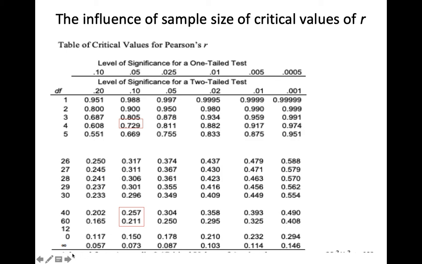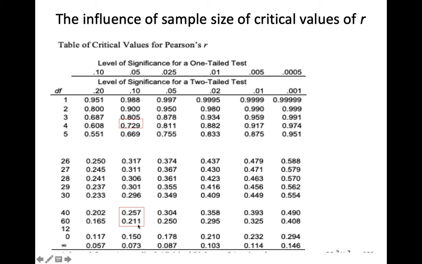Okay. Notice that there's only positive values here. It's because of the symmetry in the t-table, or the symmetry in the sampling distribution, that this corresponds to a correlation of 0.729 or negative 0.729. Okay, here, when we've got a larger sample size, we need a much smaller correlation to be able to conclude that it is statistically significant.